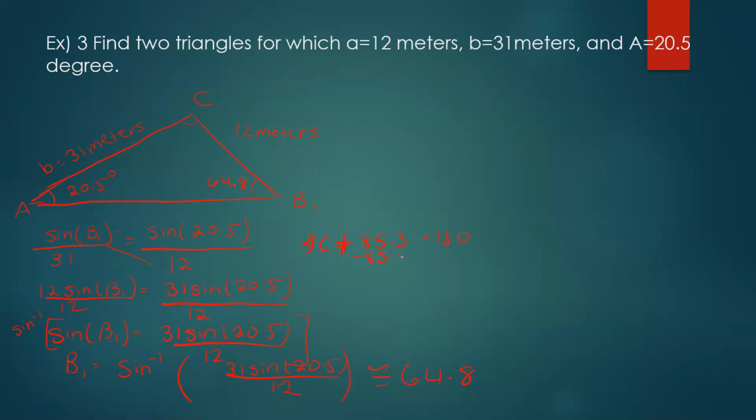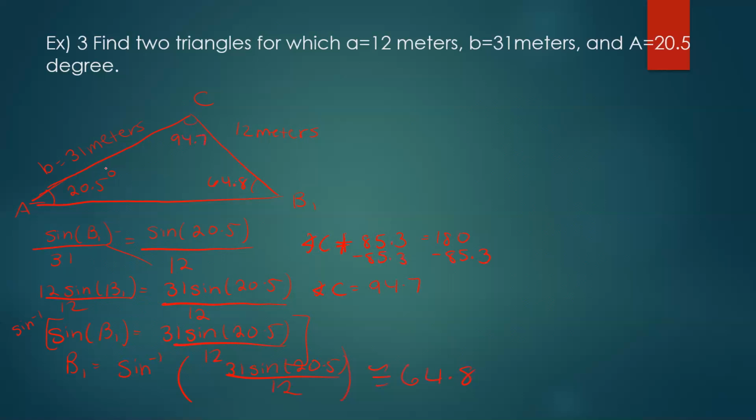Subtract 85.3. Angle C is 180 minus 85.3. That's 94.7. So angle C is 94.7.